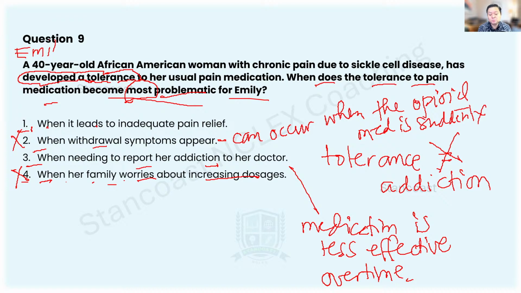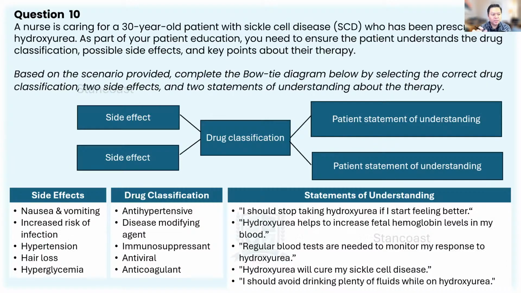So you gotta deal with it objectively, not just assuming that, hey, this is a patient that is probably addicted to the medication. No, you're not gonna effectively treat this patient if your mindset is like that. Okay, so our correct answer is number one.